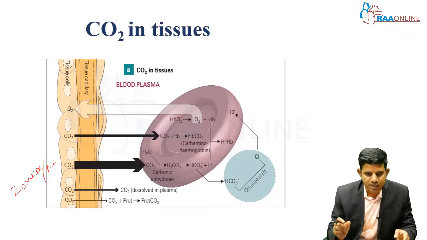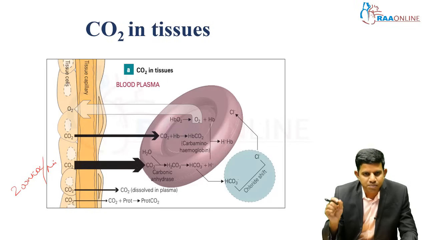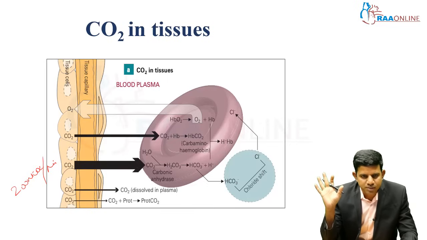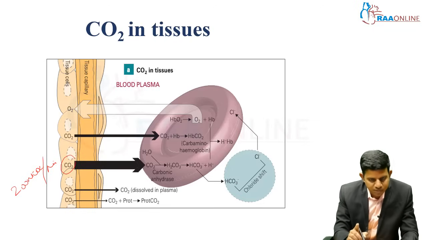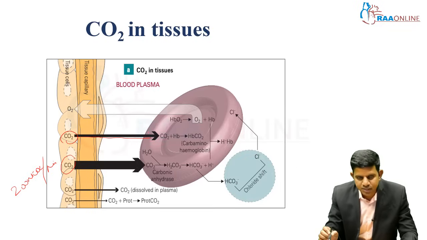This carbon dioxide is transmitted through the blood to the lung in almost 4 ways. The carbon dioxide level in the tissue will increase, and this carbon dioxide goes to the RBCs and binds with the hemoglobin. It produces carbaminohemoglobin.